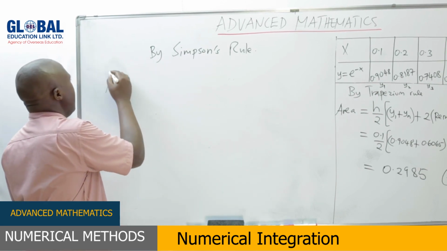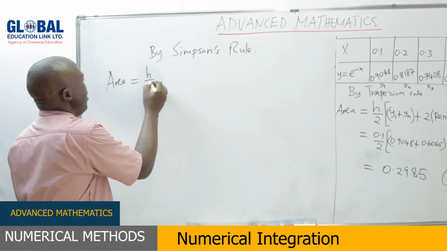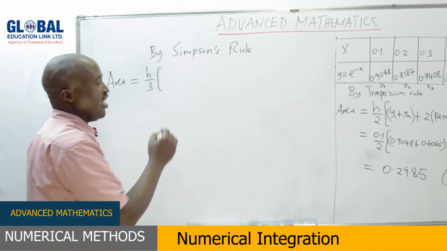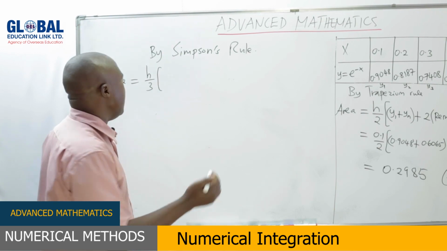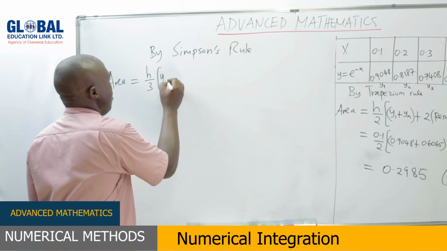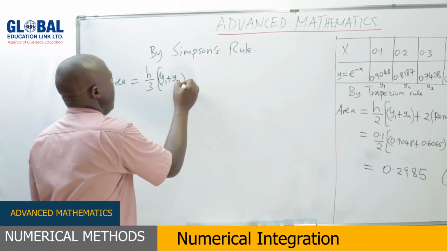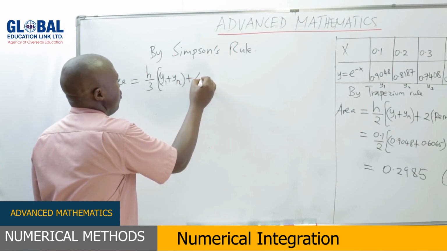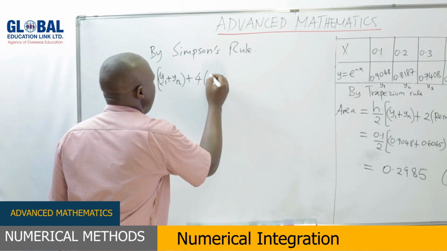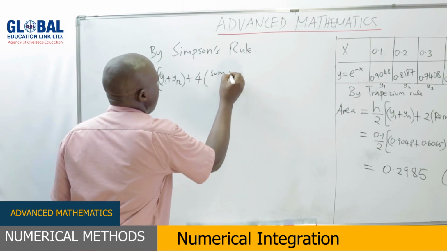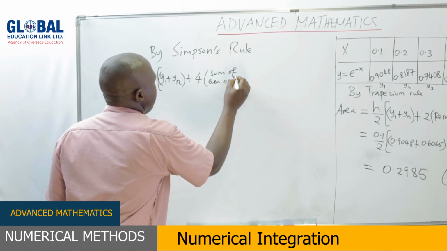Area is equal to h over 3. Again, we take the first ordinate plus the last ordinate, that is y1 plus yn, then followed by 4 times the sum of even ordinates.